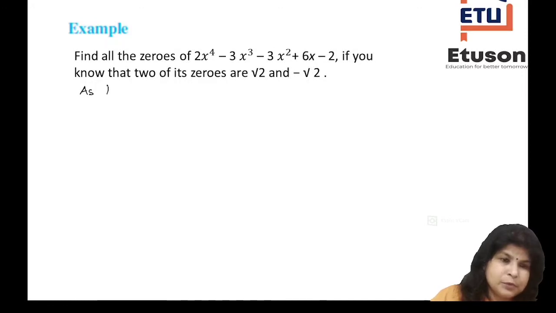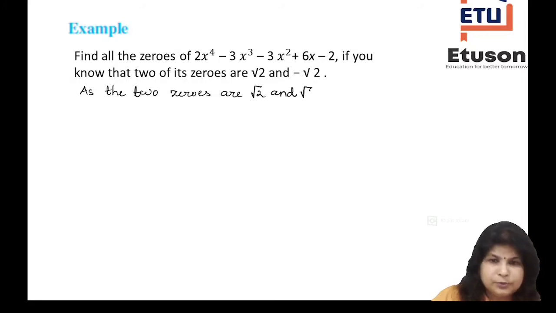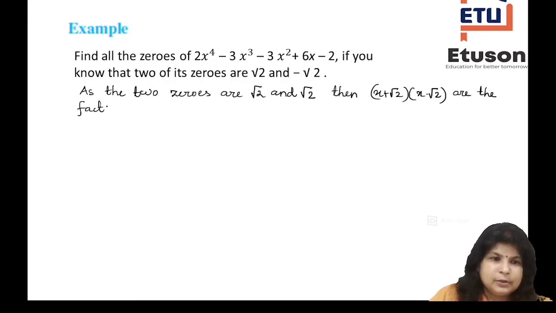As the two zeros are root 2 and minus root 2, then x plus root 2 into x minus root 2 are the factors of the polynomial, right?